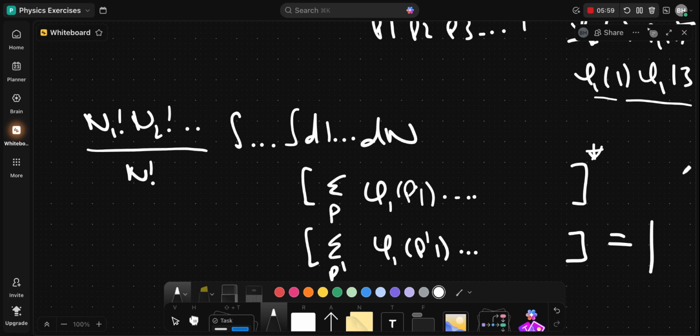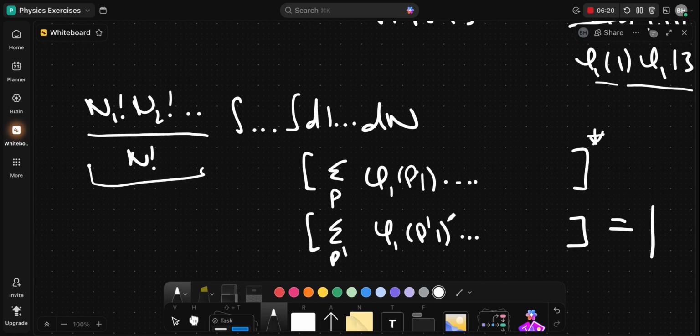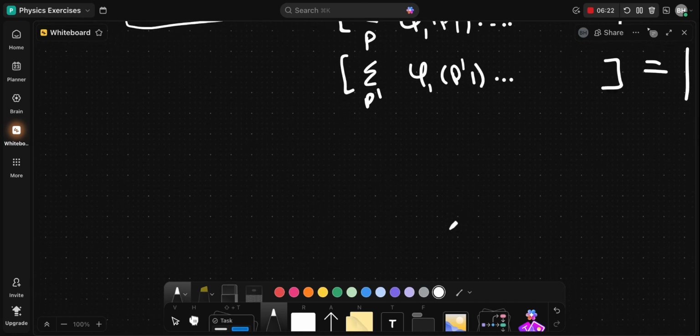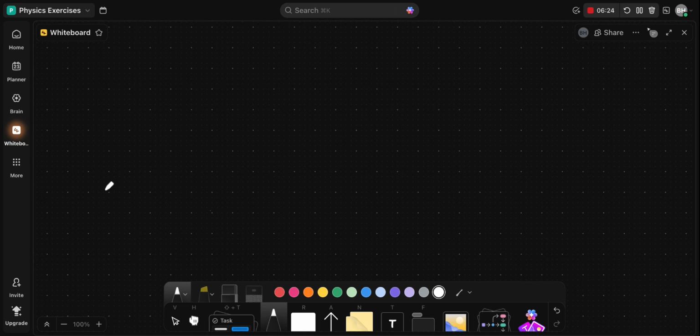And each term in the sum gives you a 1 if the orbitals are normalized. And how many permutations are there? Exactly so many that this will cancel and you get a 1. So this is actually the normalization. But what we want to do here is to consider a one particle operator.